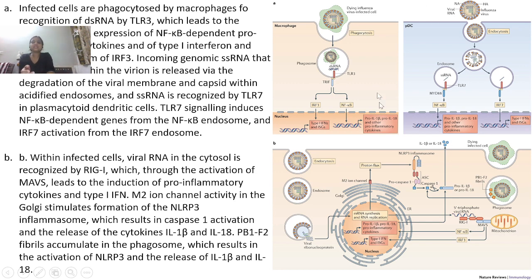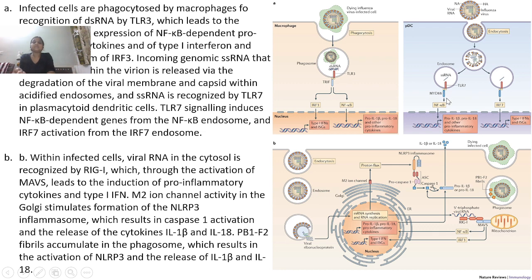There is formation of these endosomes where TLR7 is present, and there is degradation of the capsids and the membrane of the virus, and this viral RNA is released, which is recognized by TLR7.